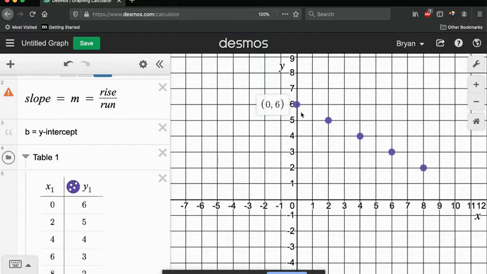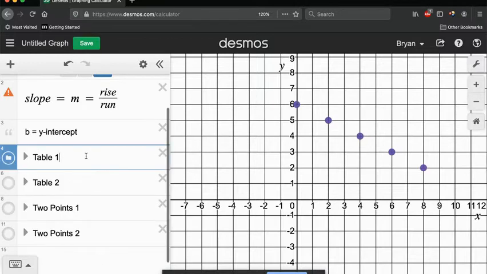Now I got to think, from here to the next point, notice how the x value changes to 2, and the y value changes to 5. And so what that would mean is I'm going from 0 to 2, so over 2, and then I'm going from 6 down to 5, and so that would be a change of -1.